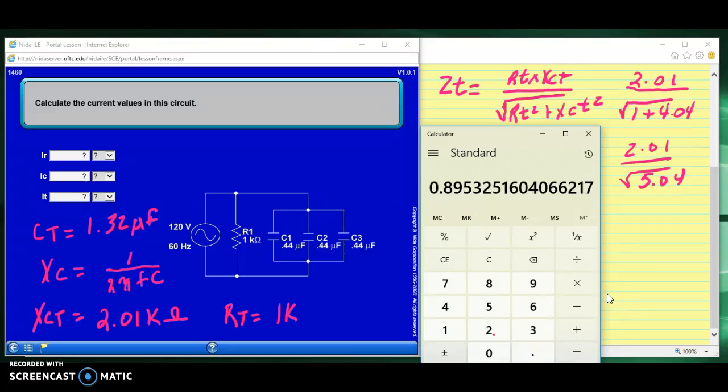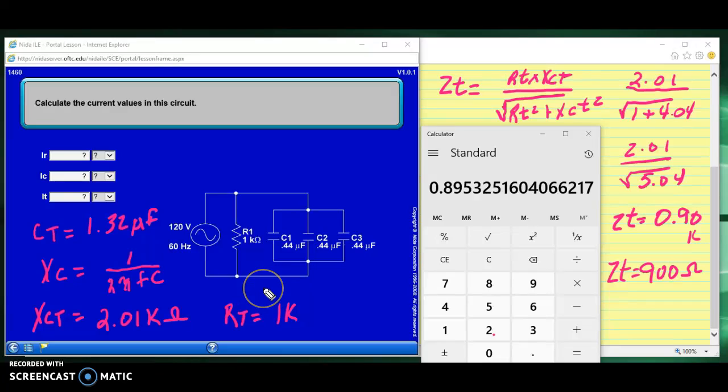So ZT, if I calculated this right, and again it's easy to mess up if you're not careful, ZT is equal to 0.8, we might as well say 90, because if we round to 0.90, which is about 900 ohms, no matter how you slice it. So we've got a ZT of about 900 ohms.